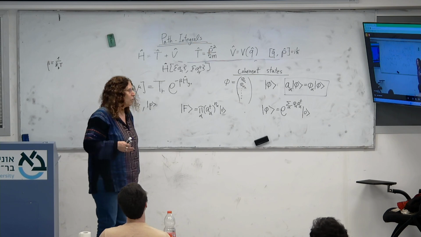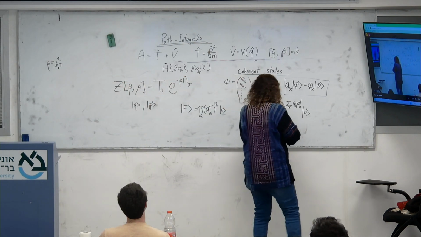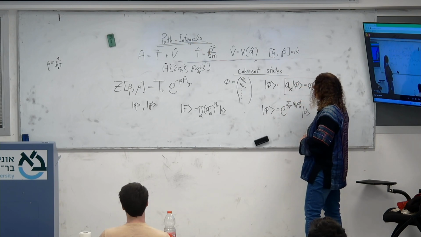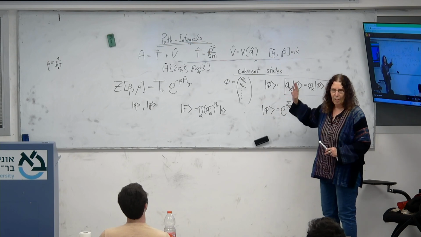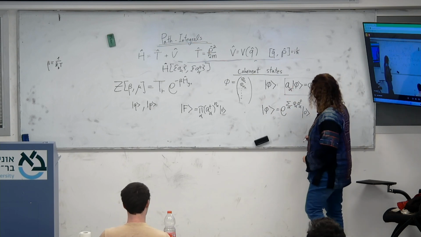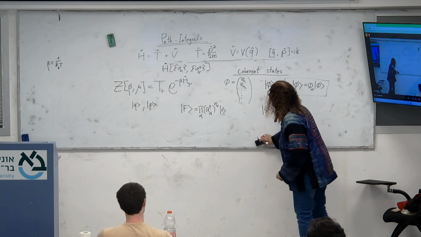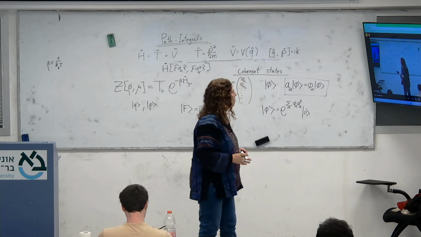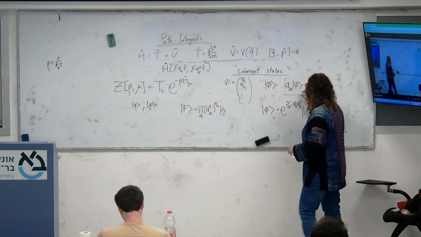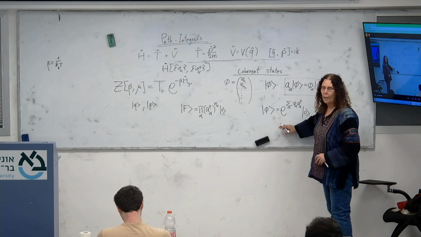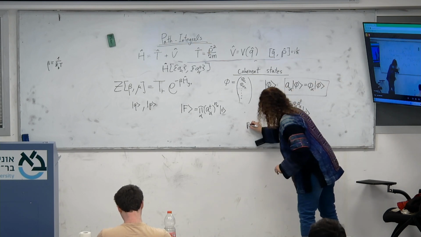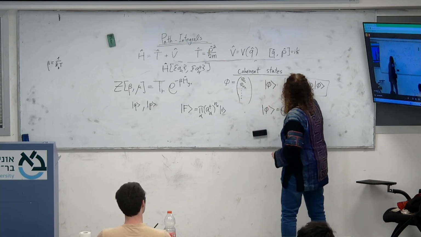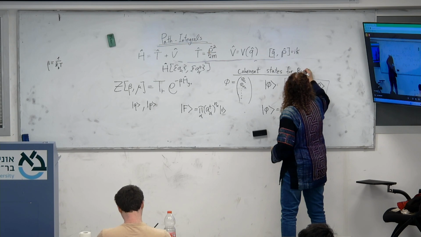Now, I should stress something very important: this coherent state, and everything that I do next week, is for bosons. Okay, so when I wrote A dagger here, previously I told you we want fermions and bosons. This is true. This definition and this definition are correct for bosons. Let me write it here: this is for bosons.